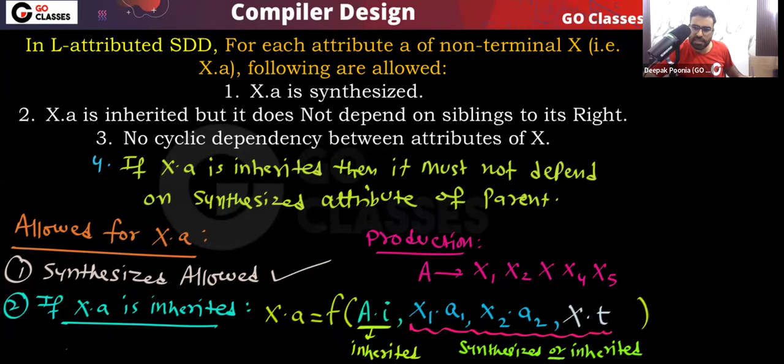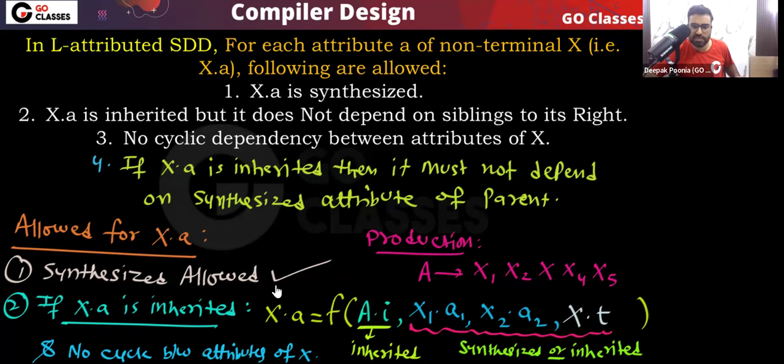There is one more condition: among its own attributes there should be no cycle. That means no cycle between attributes of X.A, and you can write it here: no cycle between attributes of this X itself.